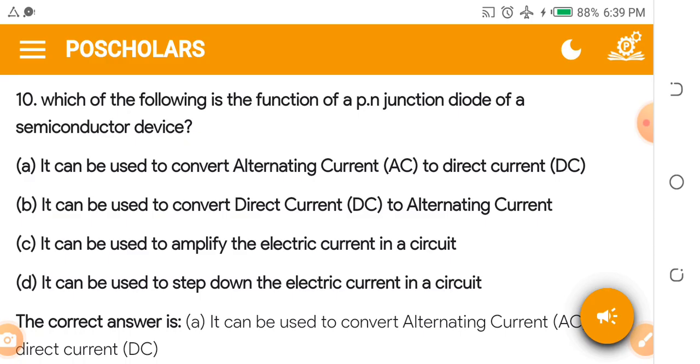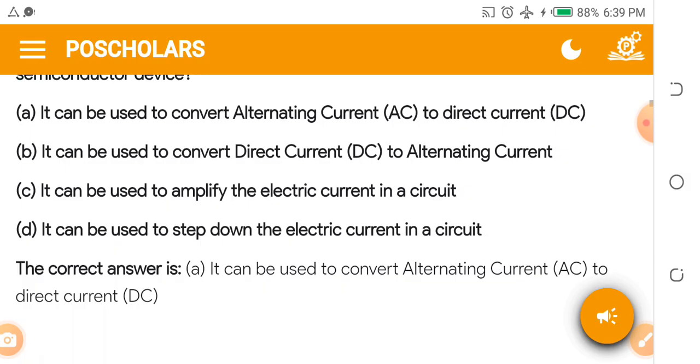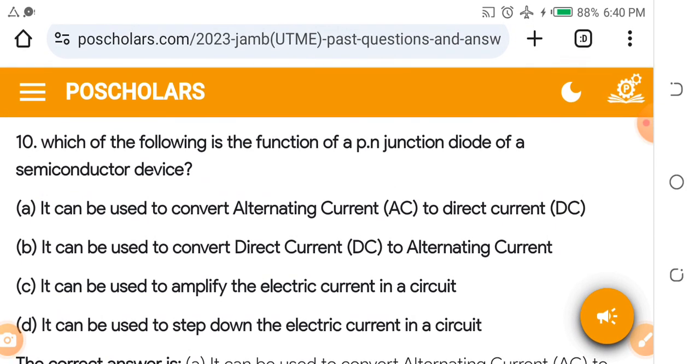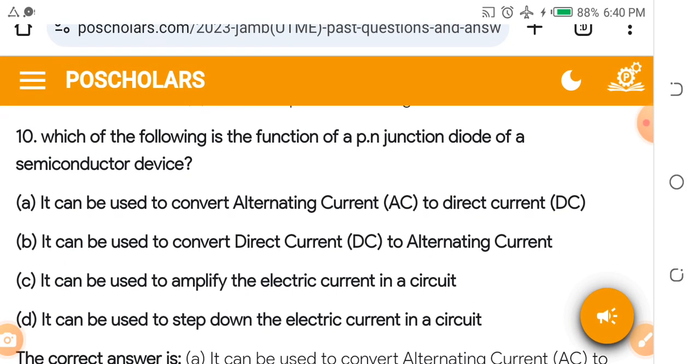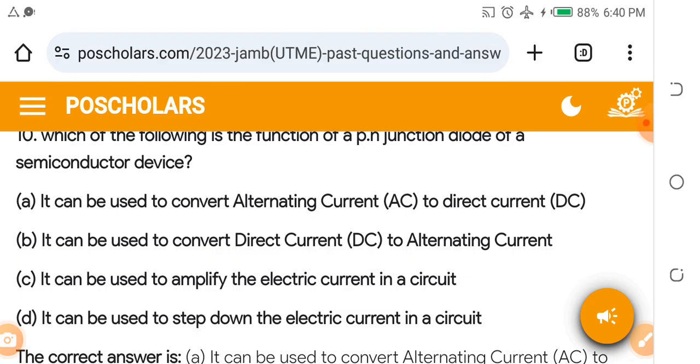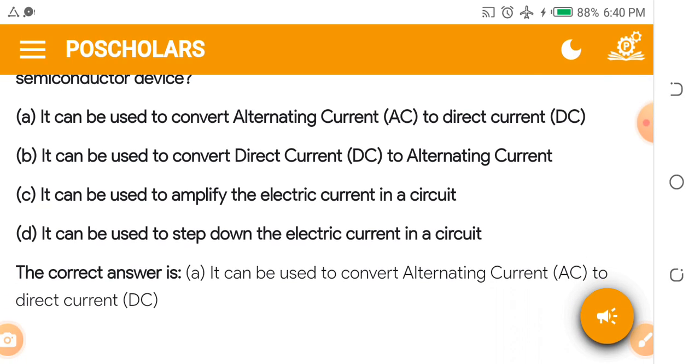Number 10. Which of the following is the function of a PN junction diode in a semiconductor device? A, it can be used to convert alternating current to direct current, AC to DC.